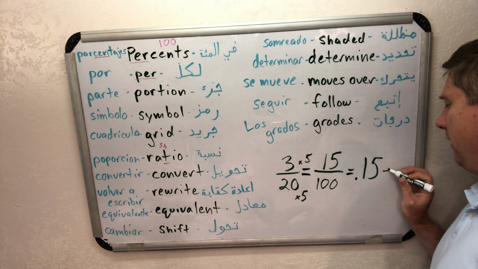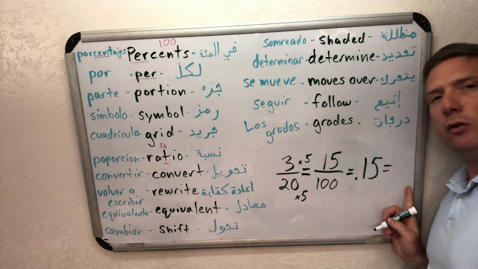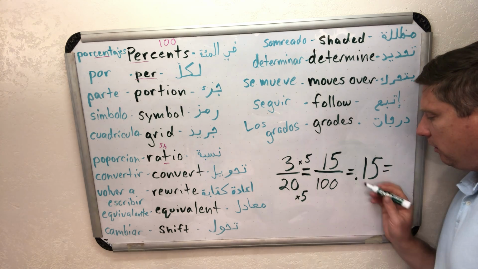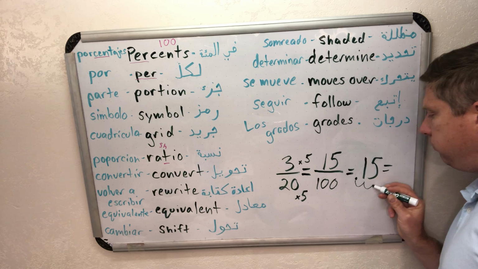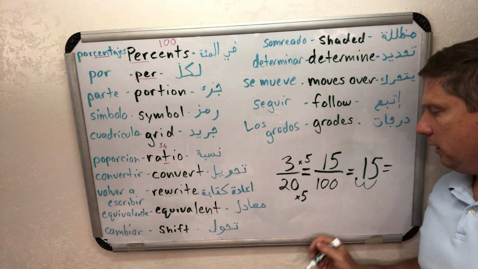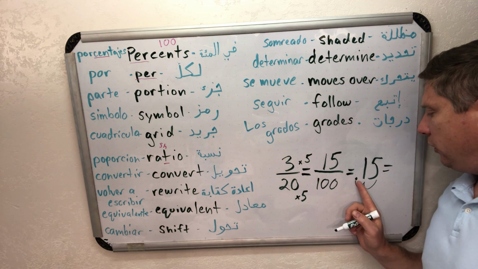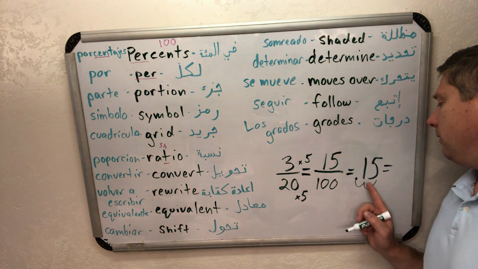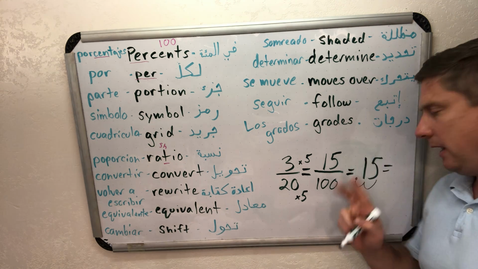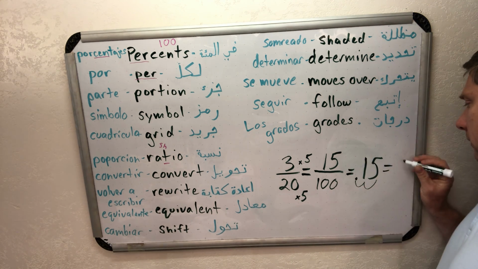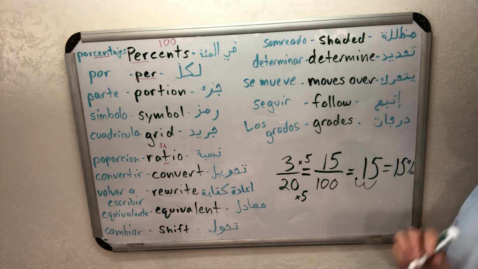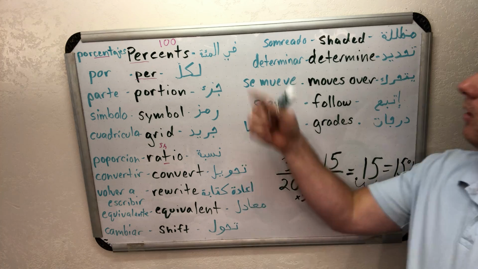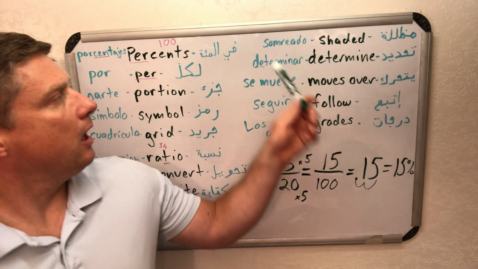And then we can convert this to a percentage by shifting the decimal over 2 places, bloop, bloop, to the right. So ينقل النقطة 2 places, 2 مكان, to the right. And there's our 15%.